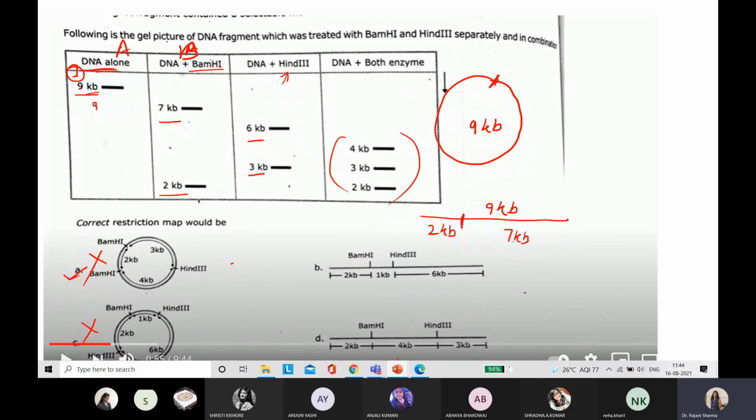Okay. Moving to the C bands. What it is showing, when it is cut with HindIII, it will be giving either 6 kb or 3 kb. Now it may be possible that the HindIII site will be on this side.